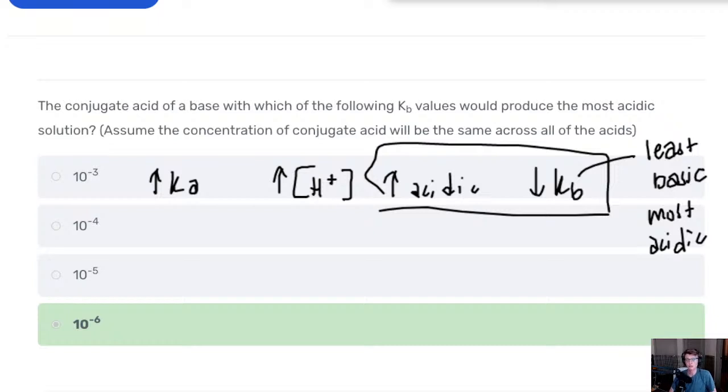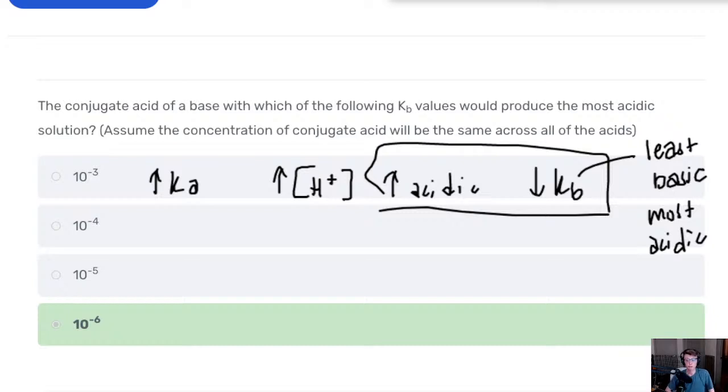So hopefully this gives you a sense of how we're going about this and a good idea of our approach to some of these more conceptual pieces that are part of the acid-base concepts.